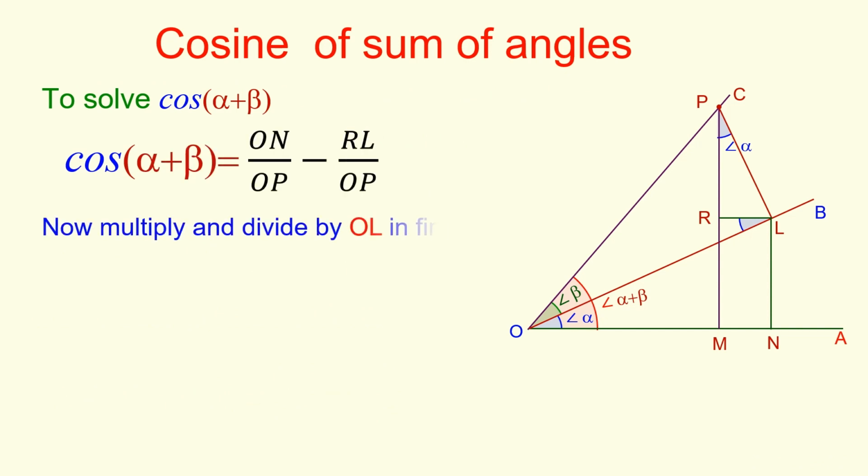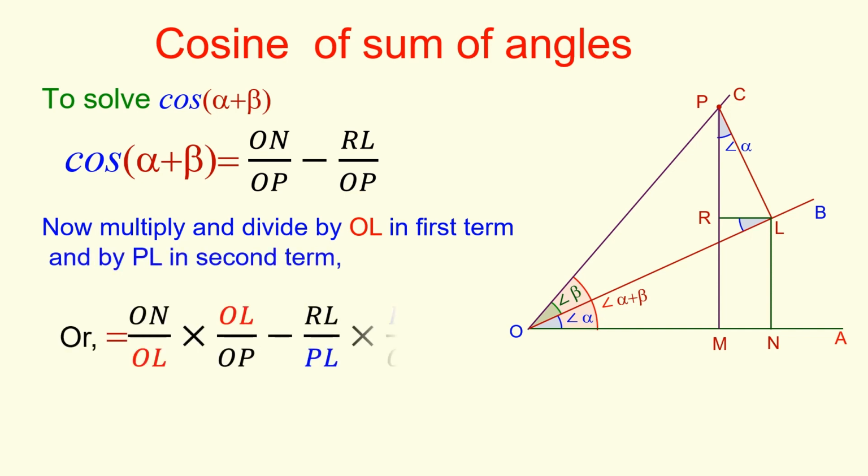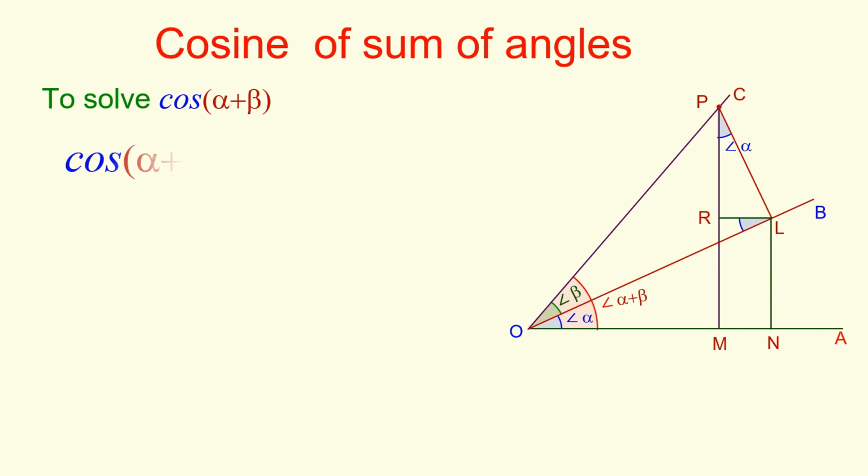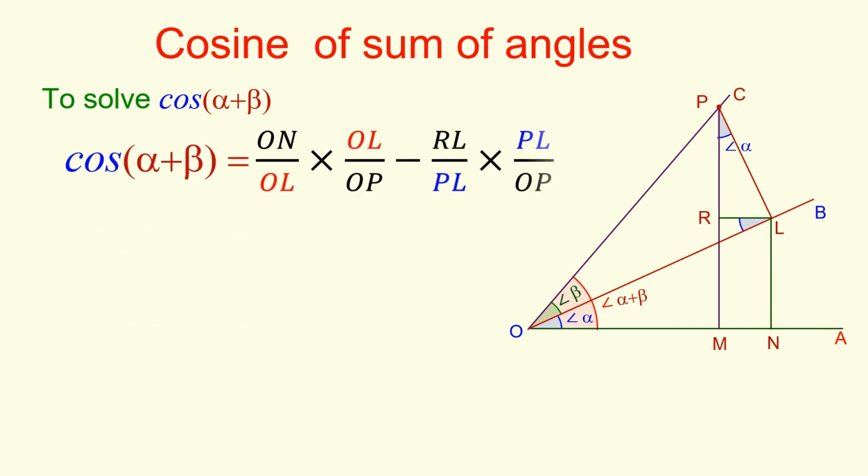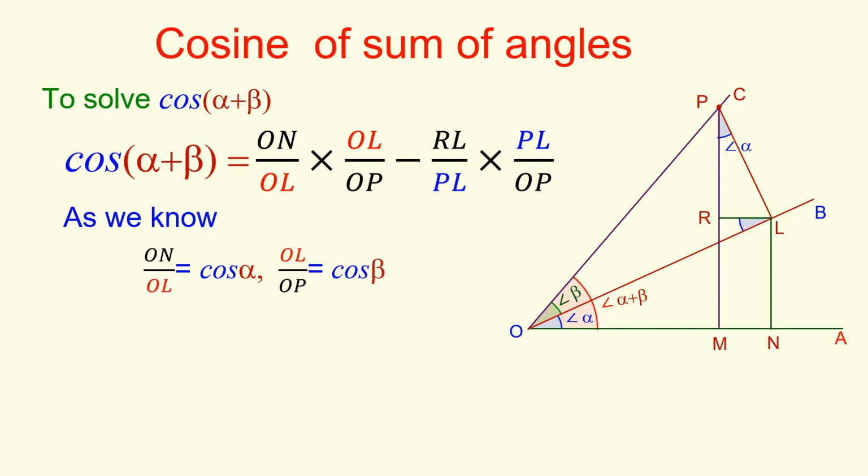Now, multiply and divide by OL in the first term and by PL in the second term. So cos alpha plus beta is equal to ON divided by OL into OL divided by OP minus RL divided by PL into PL divided by OP. As we know, ON divided by OL is equal to cos alpha. OL divided by OP is equal to cos beta.